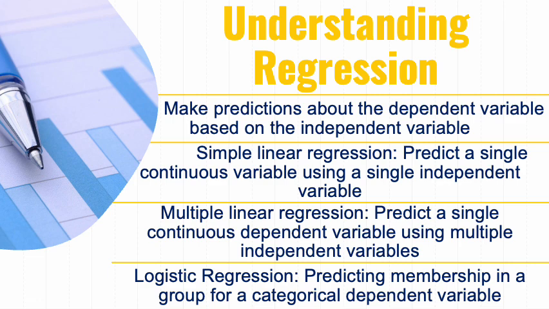Multiple linear regression is a natural extension of simple linear regression where more than one independent variable is used to predict a continuous dependent variable. Logistic regression is essentially multiple linear regression with a discrete nominal level dependent variable. Thus, with logistic regression, we are predicting membership in a group, such as getting a disease, not the value of the dependent variable. And this wraps up our discussion of inferential statistics.